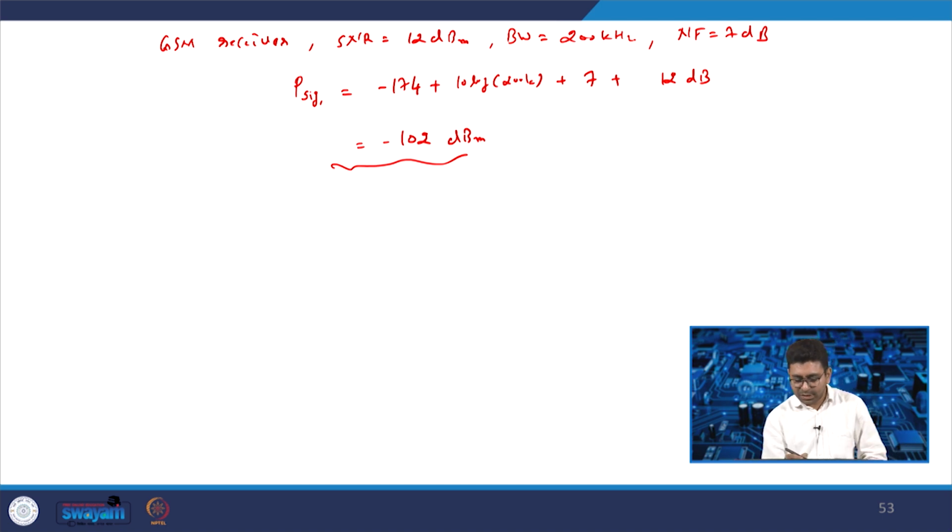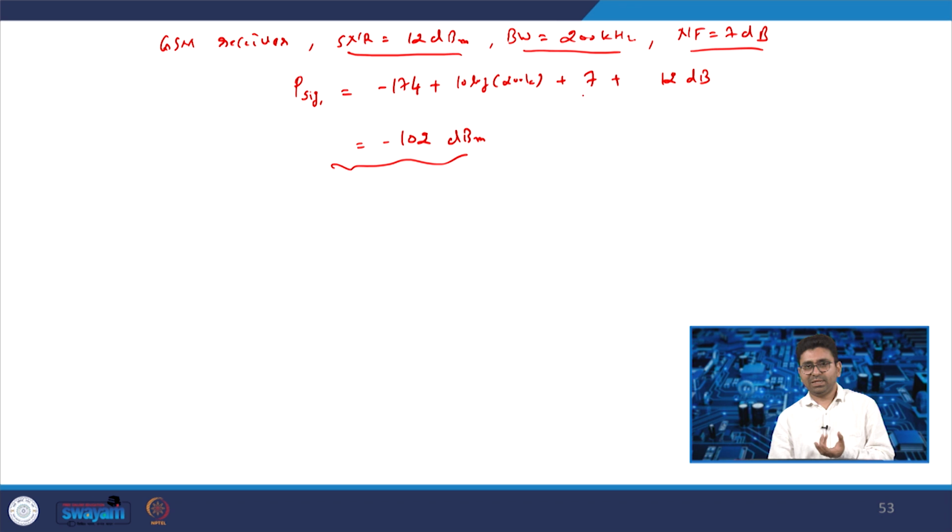So the important terms here are the output SNR that is required, the bandwidth of your system and your noise figure. If let us say the noise figure of your system is increasing, the amount of signal required will increase. So your sensitivity is degrading. You cannot sense very weak signal if your noise figure is high.